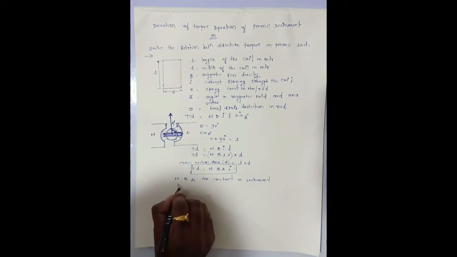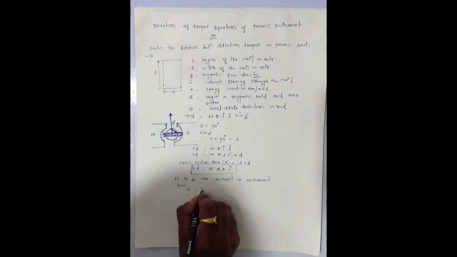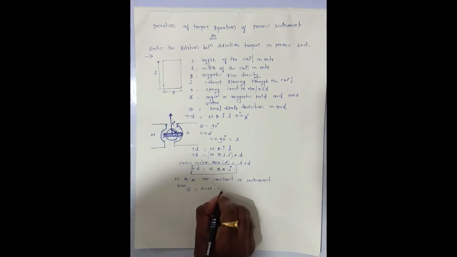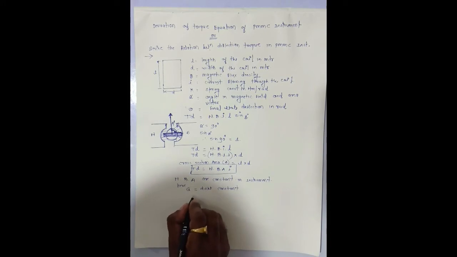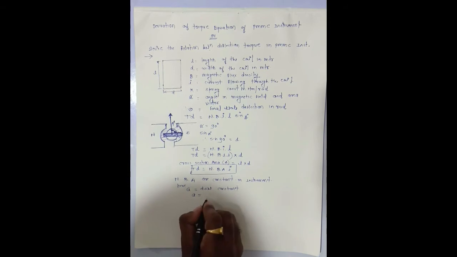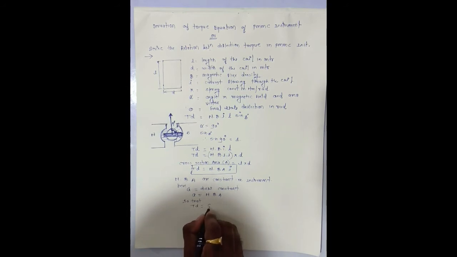Here G is equal to the displacement constant, and G is nothing but N into B into A. So the deflecting torque is equal to G into I.